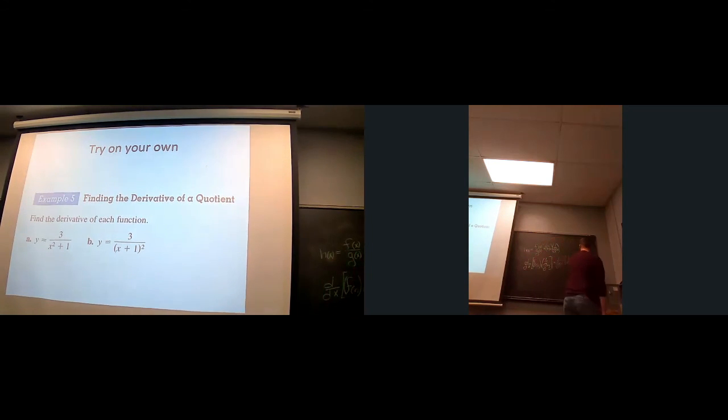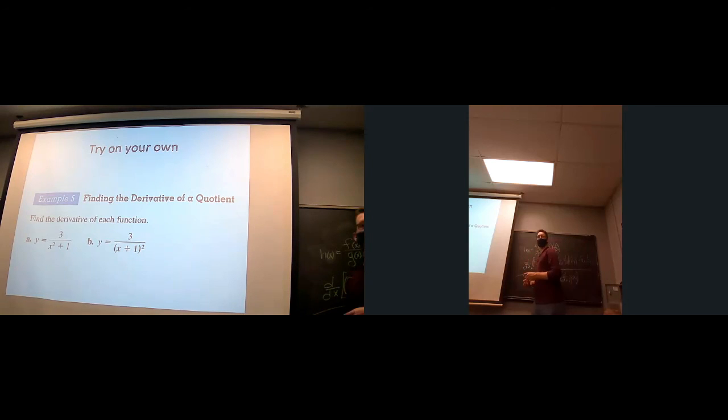So taking a little segue and realizing that I write crooked on a board. We've got d dx of 1 over g of x. Well, this is going to be like d du of 1 over u times d dx of g of x.